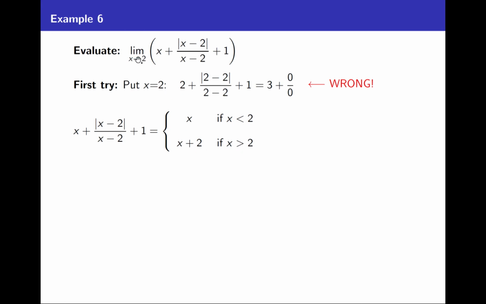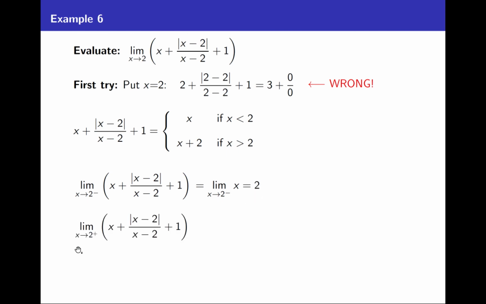So this indicates that the right-hand limit and the left-hand limit of this function are going to behave differently. Look at the limit as x approaches 2 from the left of our function. If x is approaching 2 from the left, x is less than 2, so this whole function is just x. And we get the limit as x approaches 2 from the left of x, which is clearly equal to 2.